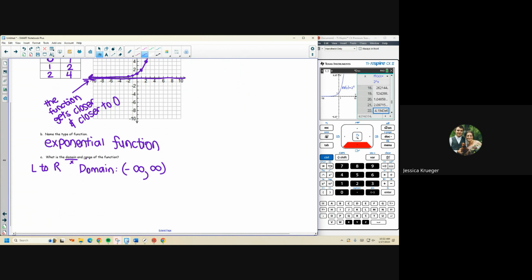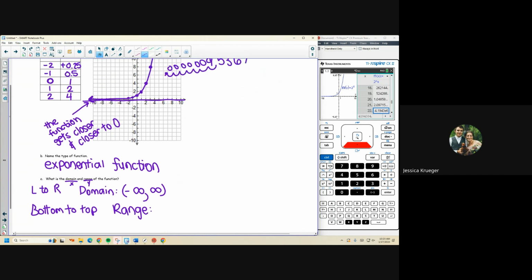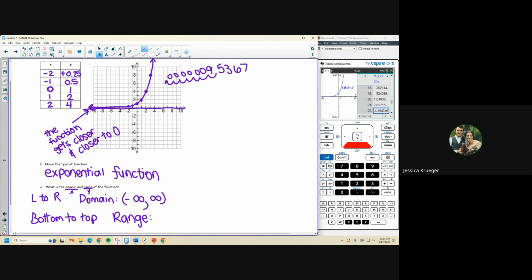My range is my y values. So this is bottom to top. So when I look at my function, it does have a distinct lowest point. It doesn't ever go below a y value of 0.